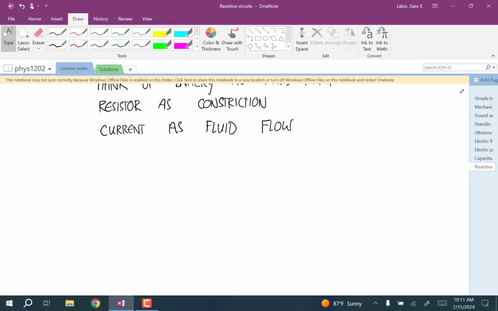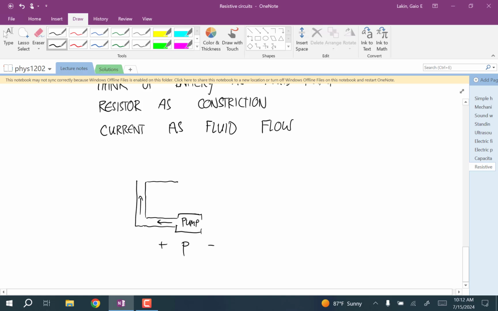And so you can think of a circuit as like you have a pump here that causes a pressure difference, a high pressure on this side and a low pressure on this side. And that causes water or whatever fluid to flow this direction through the pipes. And that flow is limited by constrictions in the pipe that slow that flow down.